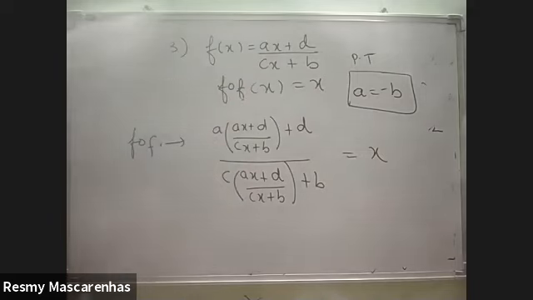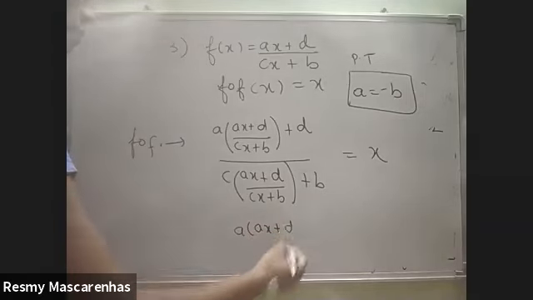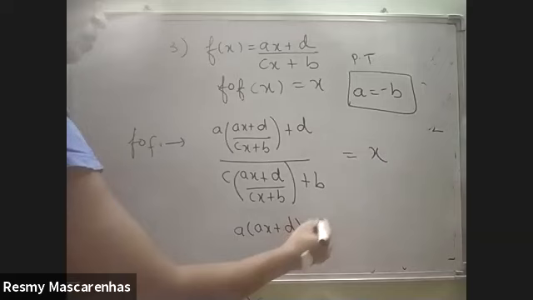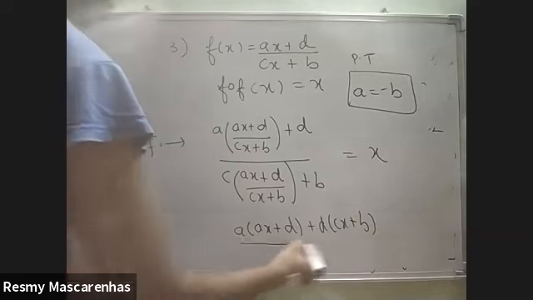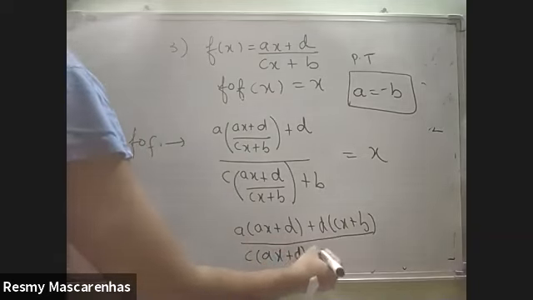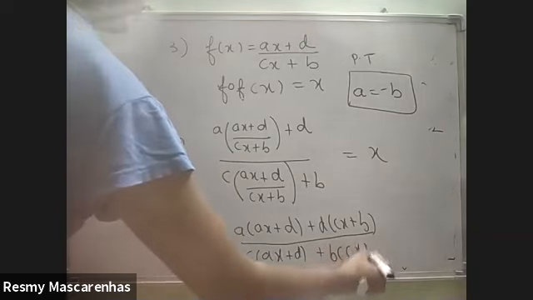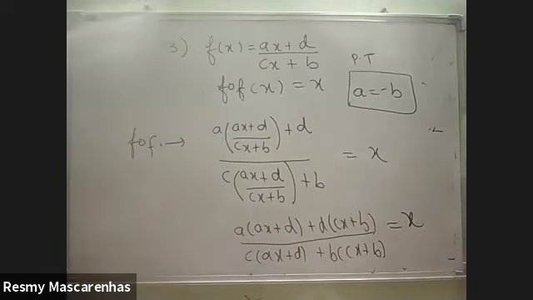So I'm substituting f in f itself and equating it to x. And now cross multiply. The alternate one I'm not writing, that will automatically cancel. This is what you will get after cross multiplying.